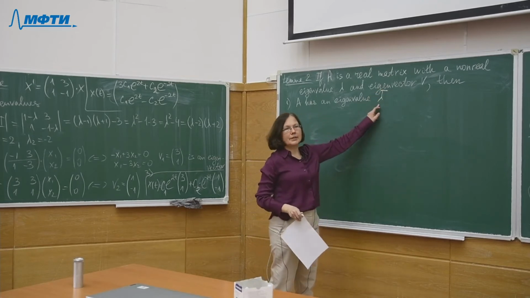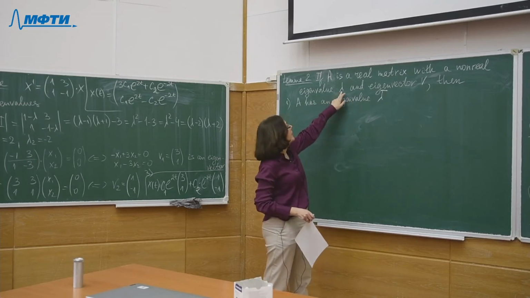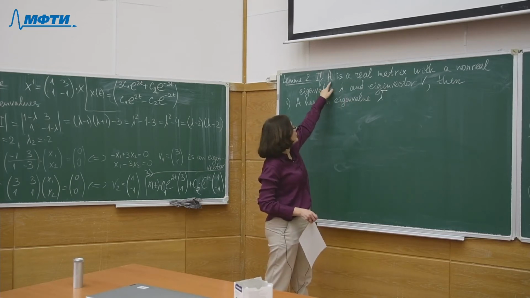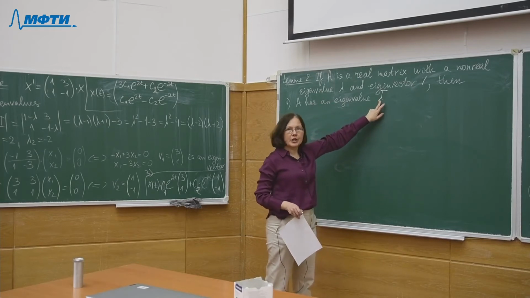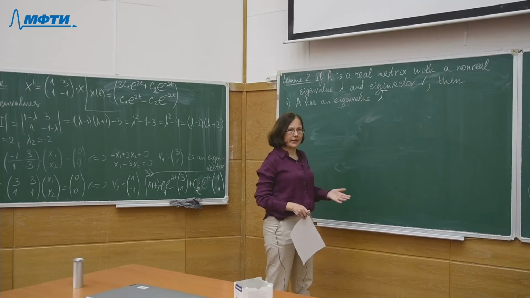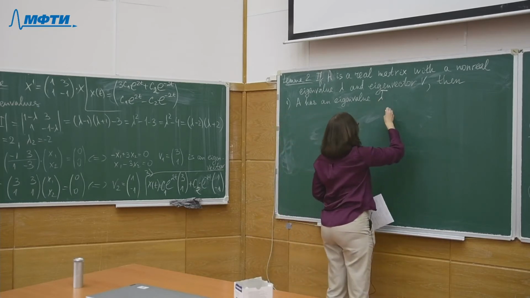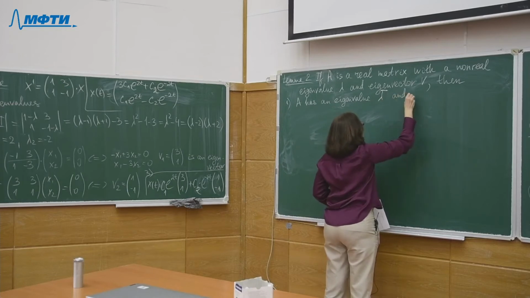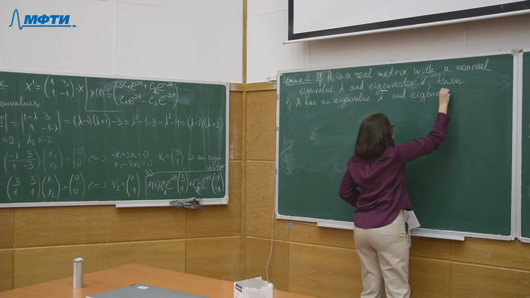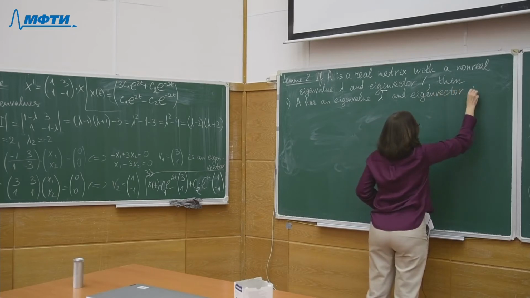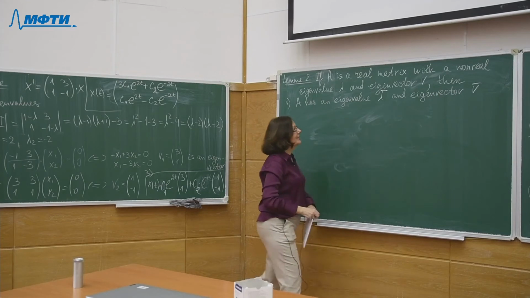If lambda is non-real and lambda is an eigenvalue of A, then lambda conjugate is also an eigenvalue, and the eigenvector is V conjugate.